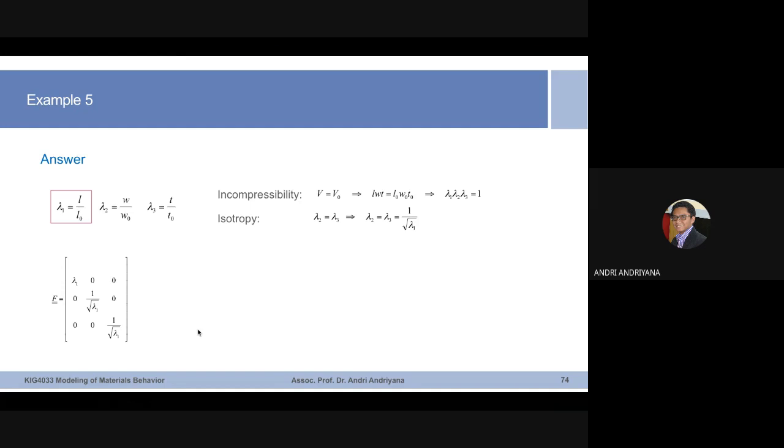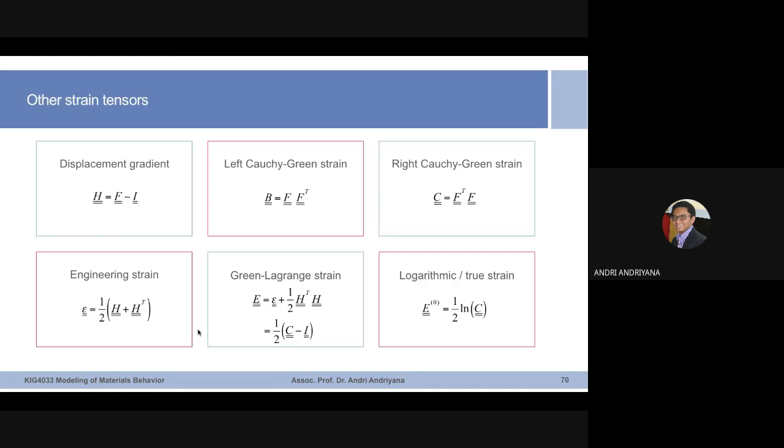It's very straightforward. You already have the expressions of the matrix or the tensor of F. And then from the previous table that we have, we can easily get the displacement gradient, the left Cauchy-Green strain, and so on and so forth for the case of uniaxial extension.